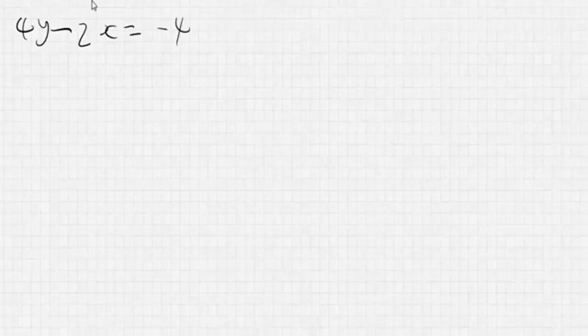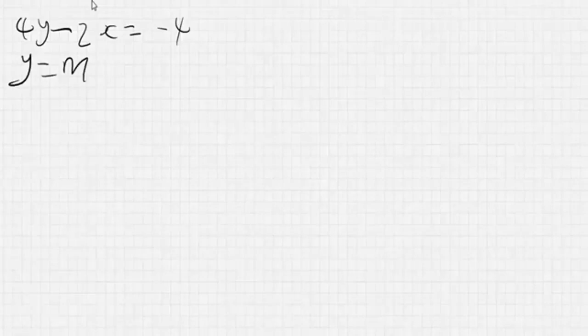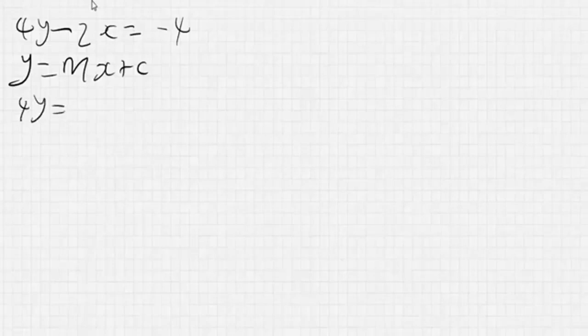Okay, so firstly, we need to use the equation for a straight line graph. So make this equation here standard one, because we have treated this topic before. The standard equation is y equals mx plus c. So when you make this equation look standard like this, you're going to have 4y equals 2x minus 4, because the negative 2x crosses over the equality sign.